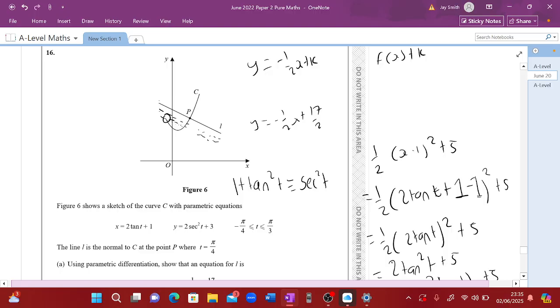So it's going to be where the line, this minus half x plus k, is going to cross. Hang on. This end point of the curve, so the smallest value of x here. So what we need to do is essentially find the smallest value of x, substitute, and then find the value of y, and then we can find k by substituting x and y into it.